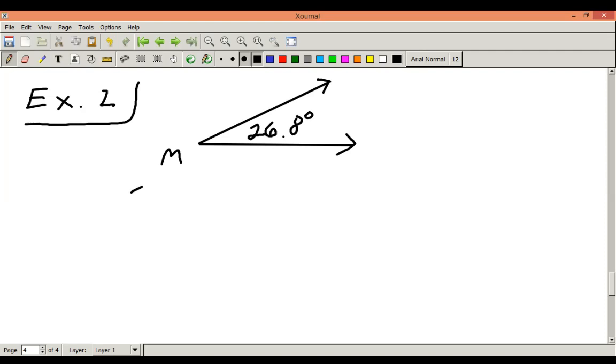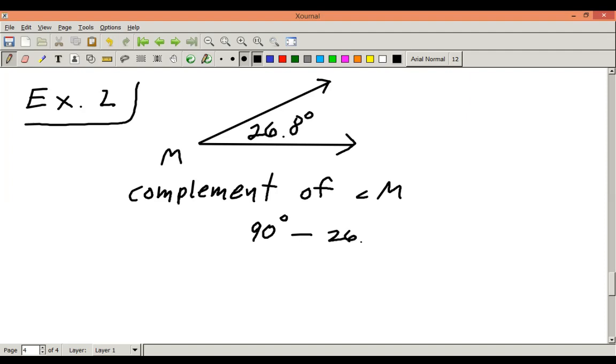So let's say somebody wants to know what is the complement of angle M. Well, you'll just do 90 degrees minus 26.8 degrees. Just do a subtraction problem. Got decimals in there. That'd be 63.2 degrees. Right?